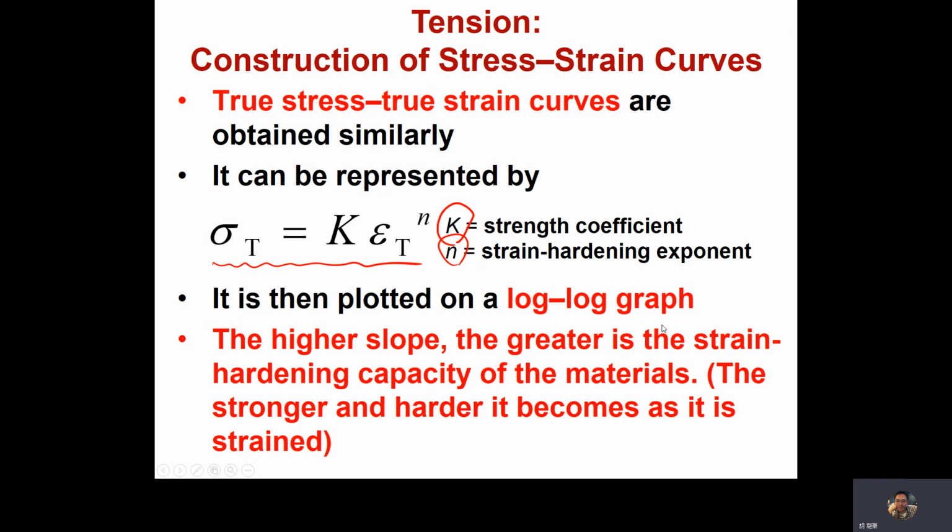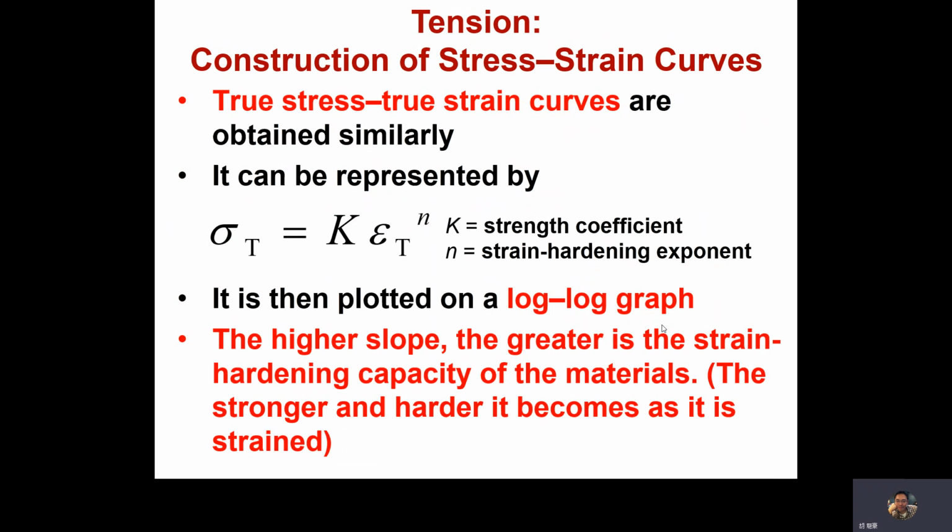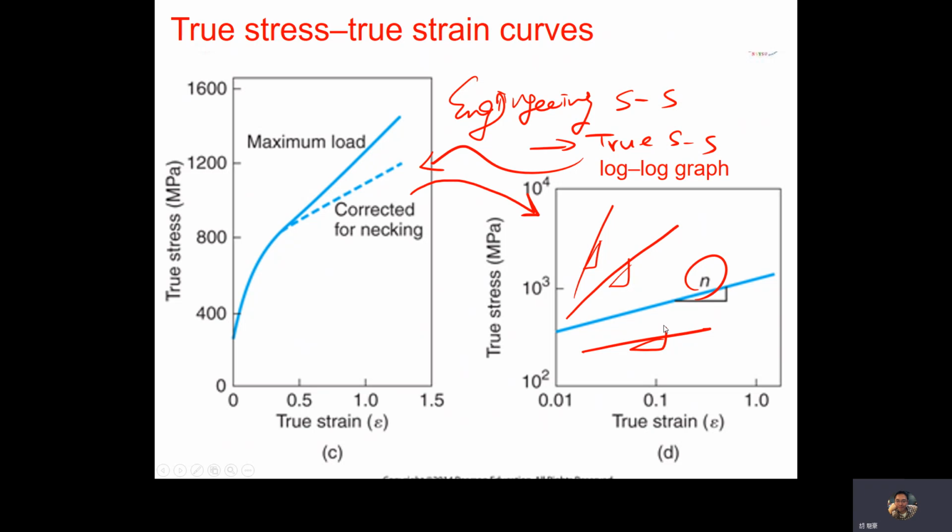Therefore we can use these characteristics, right? We can do the tensile testing to find the engineering stress and strain curve and convert it to the true stress and strain curve, and plot the log graph to find out the slope of this linear relation.